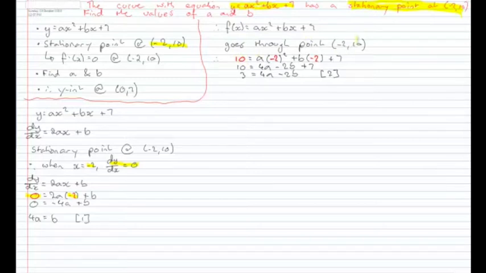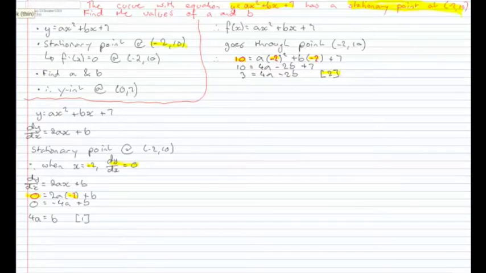Therefore I've substituted in the y coordinate of 10 and the x coordinate negative 2 because the function goes through there. So y is 10 and x is equal to negative 2. Substituting that in. Simplifying gets you 10 equals 4a minus 2b plus 7 because negative 2 squared is 4. Simplifying once again by moving the 7 over the other side, so you get 3 is equal to 4a minus 2b. This here we'll call equation 2.